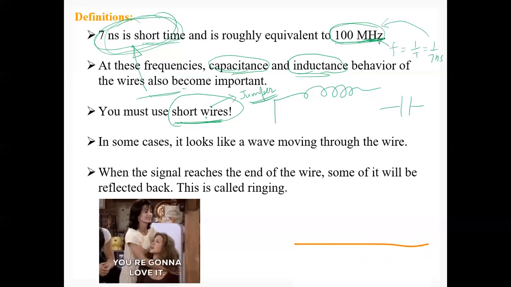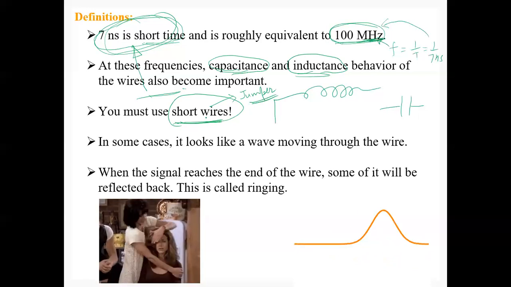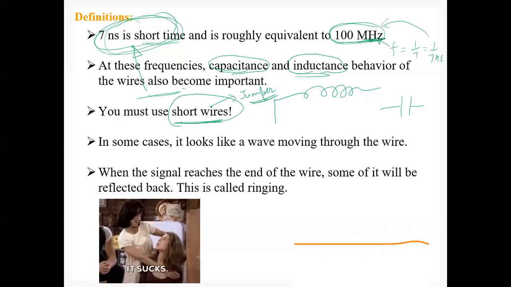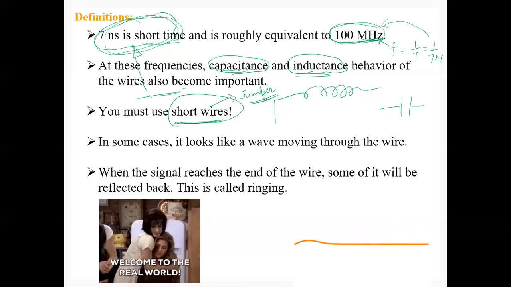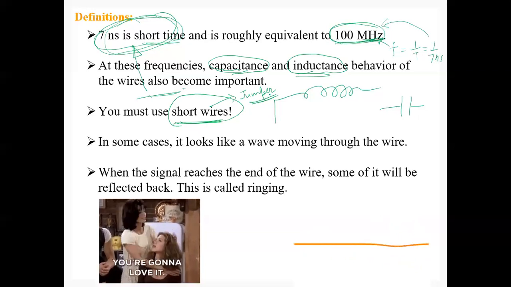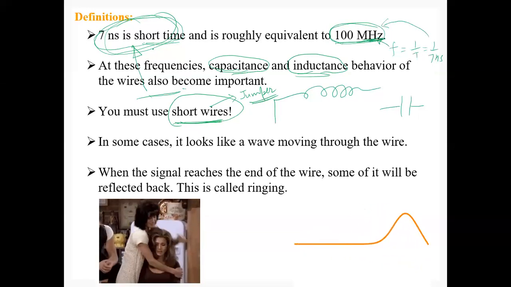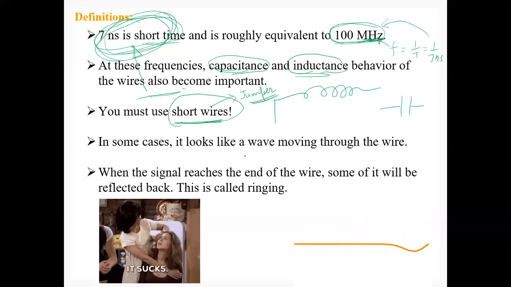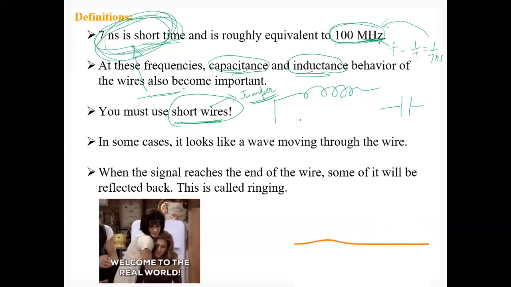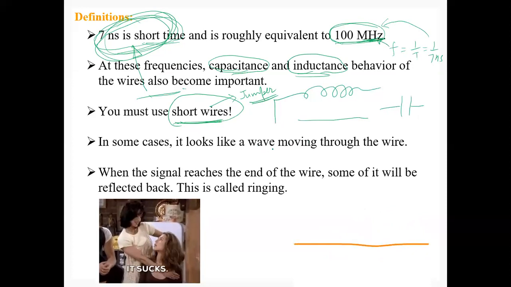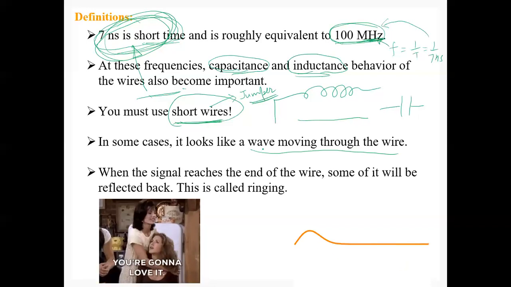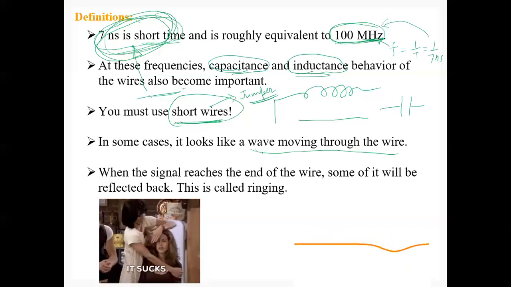Or you can increase the propagation delay. However, if you want to work within this short time limit, then even the jumper wire behaves like a wave moving through the wire.